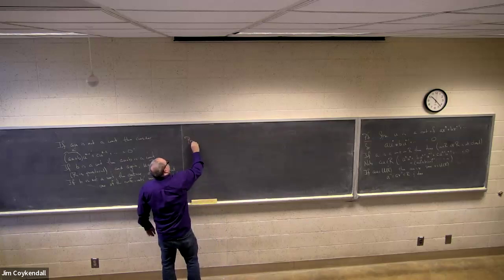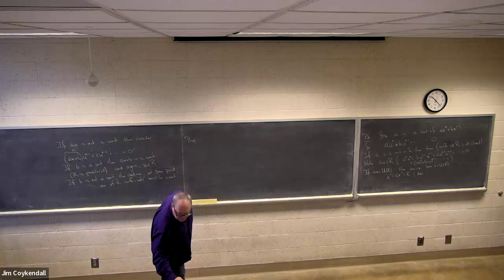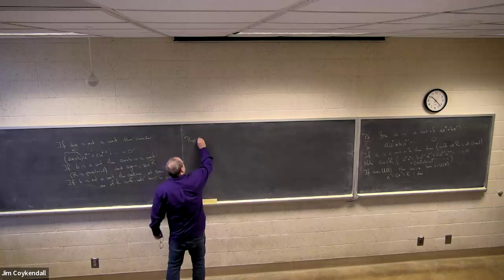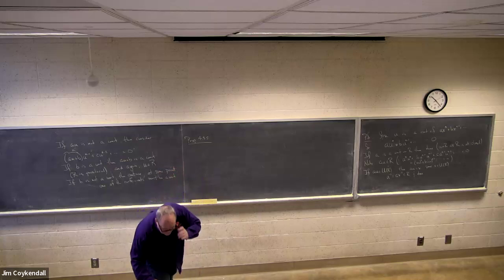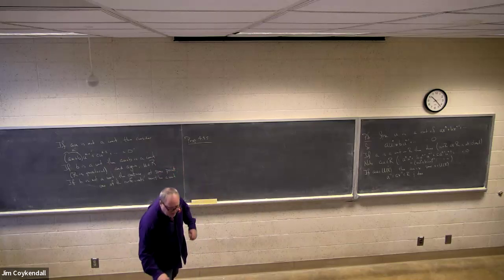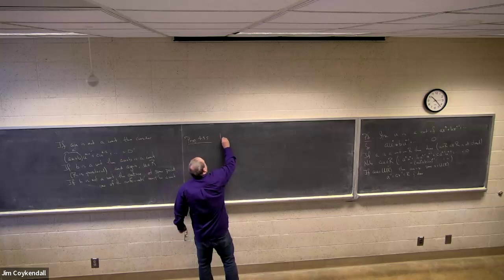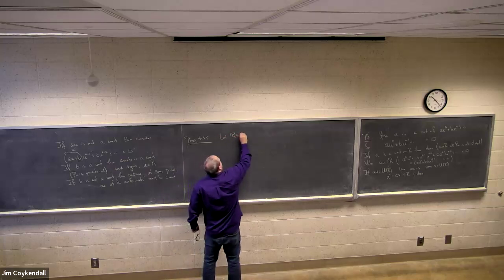Proposition. I guess this is 4 through 5. Let R inside T be domains with T algebraic over R. And I'll clarify what that means.